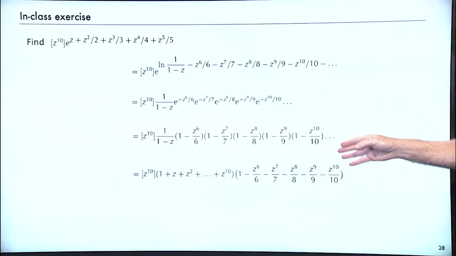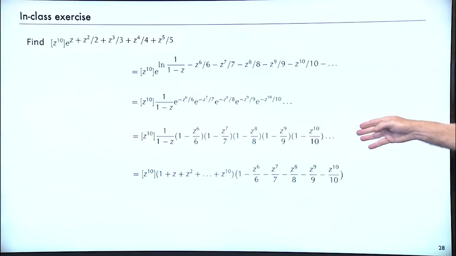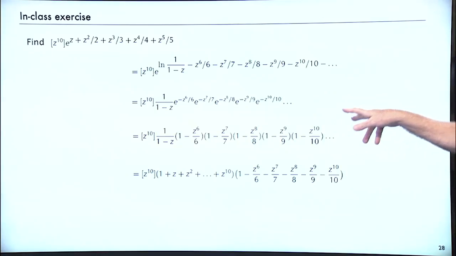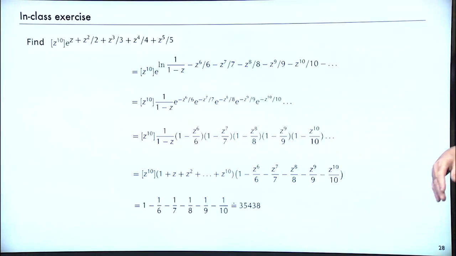So that's the z to the 8th over 8. If it multiplies any one of those others, it's going to get something bigger than z to the 10th and can't contribute to the coefficient of z to the 10th. So now we just have a product of two terms, and the coefficient of z to the 10th is easy in that because when we cross multiply, there's one contribution from each one.